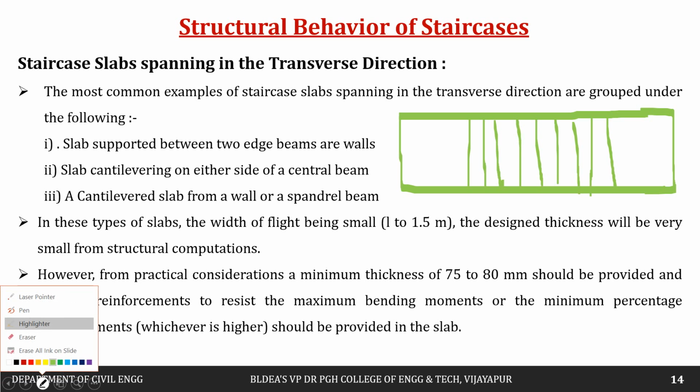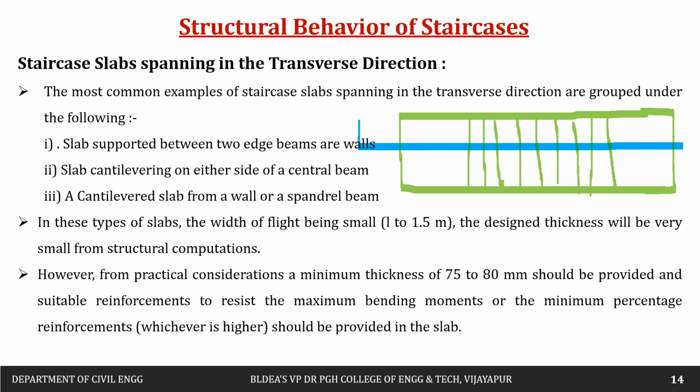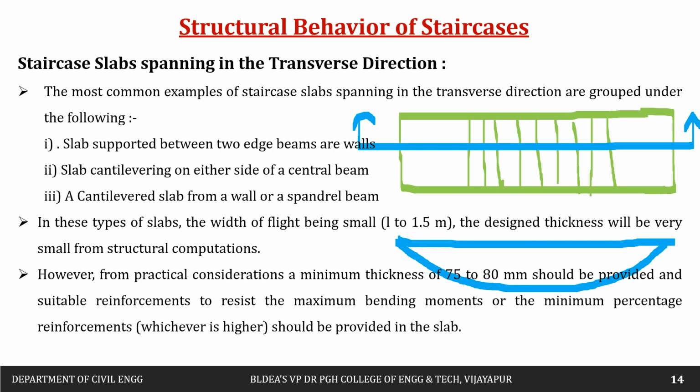If we cut the section somewhere here, it may be longitudinally supported or transversely supported, that is, spanning in the longitudinal direction as well as in the transverse direction. When it is spanning in the longitudinal direction, the span will be very much higher, therefore the moment will be very much larger, and therefore the thickness of the slab required will be very much larger.